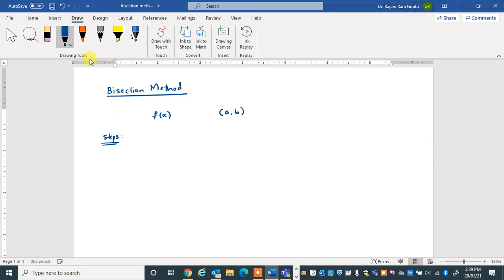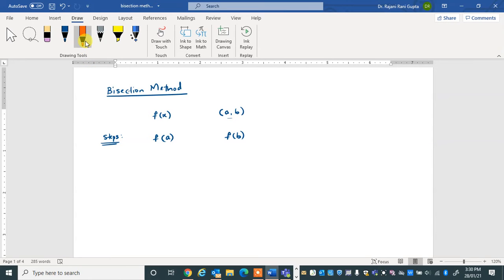The very first thing we have to do is check whether the root lies between a and b or not. To do that, we calculate the value of the function at x equal to a and at x equal to b. If the values at a and b are different in sign, only then we say that the root exists between the interval ab, else the root doesn't exist.